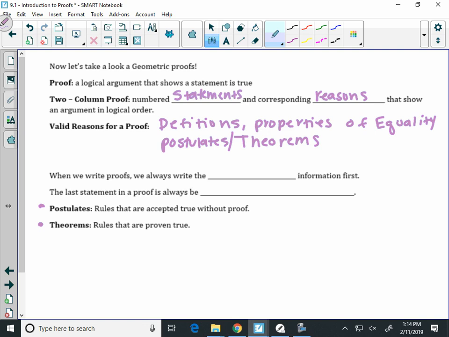Questions over that? When we write proofs, we always write the given information first. So you're going to be given some sort of information. That always goes first in a proof, every time. Okay. The last statement in your proof will always be the proven statement.